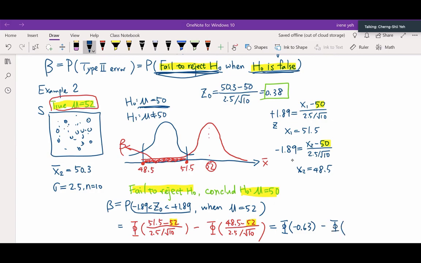Subtract cumulative probability to the far left, negative 4.43. You'll see both are negative because in this red distribution, both values are on the far left side. Okay. Negative 4.43 is way over negative 3.99. Consider that probability is almost 0.